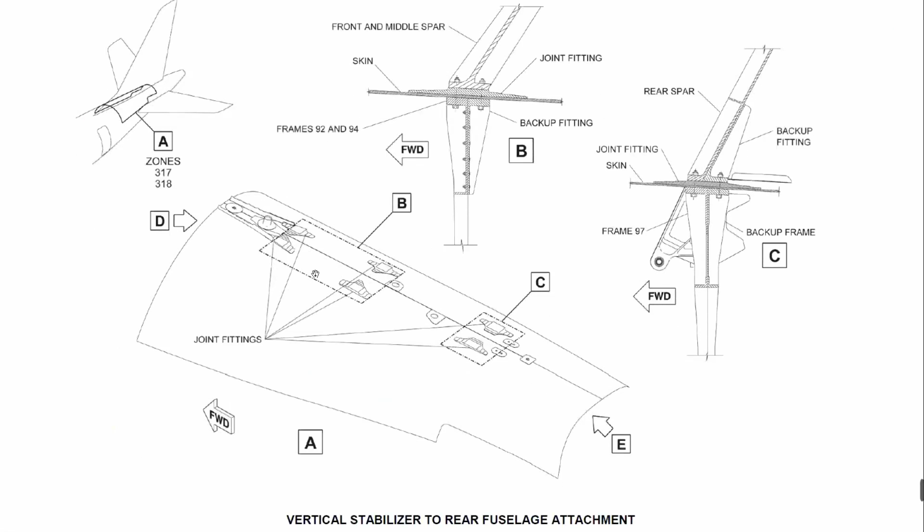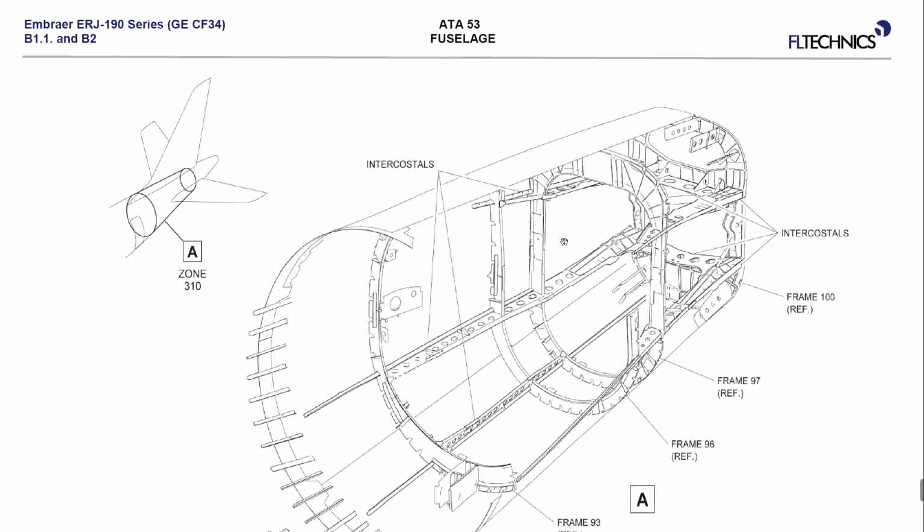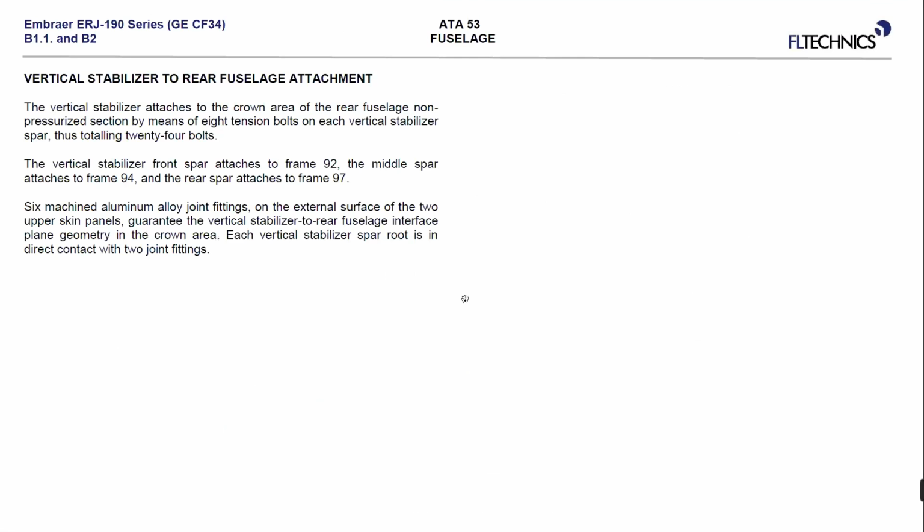This is how it looks like from the top. Looking from the top, these are the frames. Here, here, and here. In each location we have 8 bolts. Special bolts, and this is how the vertical stabilizer is attached to the structure. And you understand what kind of aerodynamic loads we have on the vertical stabilizer, and that's why the structure here is really, I would say, with increased strength to keep all this weight and all these aerodynamic loads.